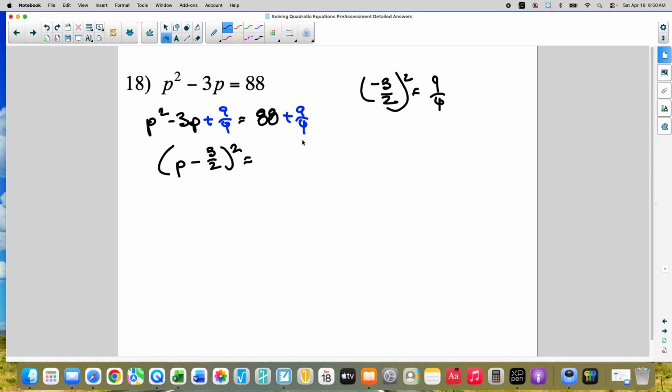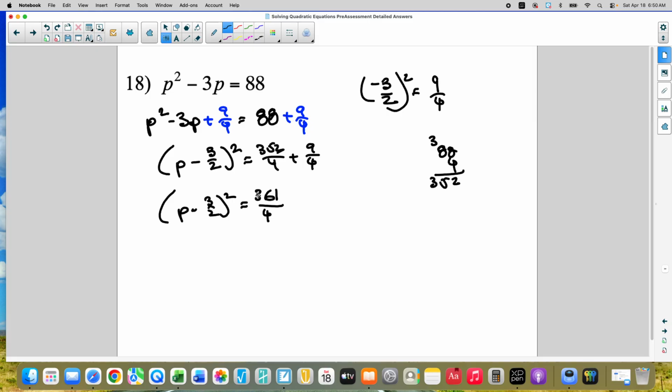88 in fourths: 88 times 4 is 352 over 4, plus 9 fourths. (p minus 3 halves) squared equals 361 fourths.